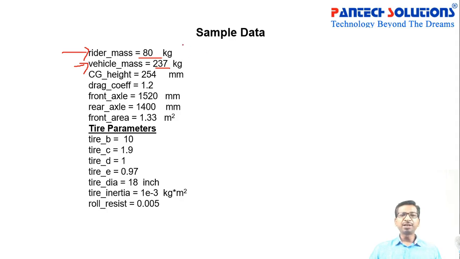So the total weight of the vehicle is 237 plus 80, and the CG is nothing but the height of the vehicle, and drag coefficient 1.2, you can choose whatever you want, and the frontal area, front axle dimensions, and then rear axle dimensions. So if you multiply those things, then you can start one two-wheeler free body diagram.